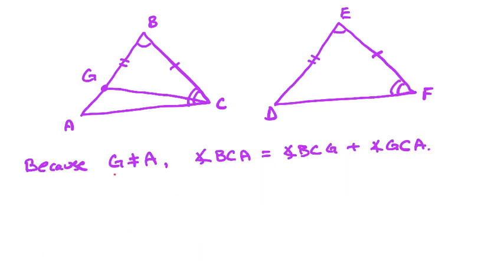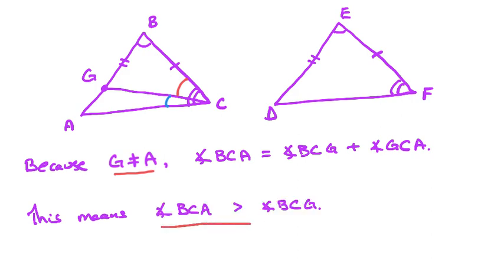But because G was not equal to point A, our angle BCA is made up of our angle BCG and our angle GCA. But then this would mean that our angle BCA is greater than our angle BCG.